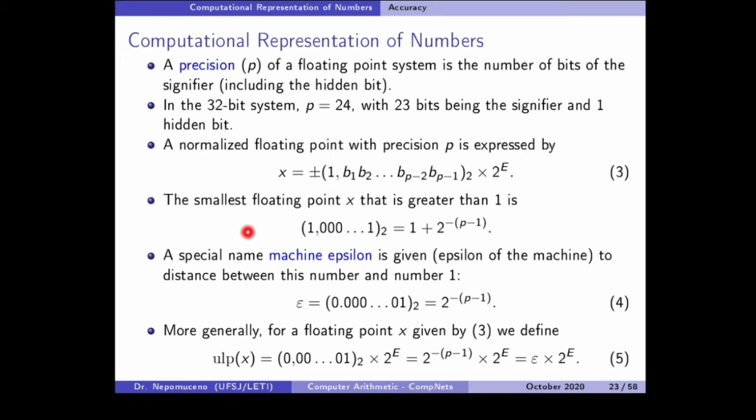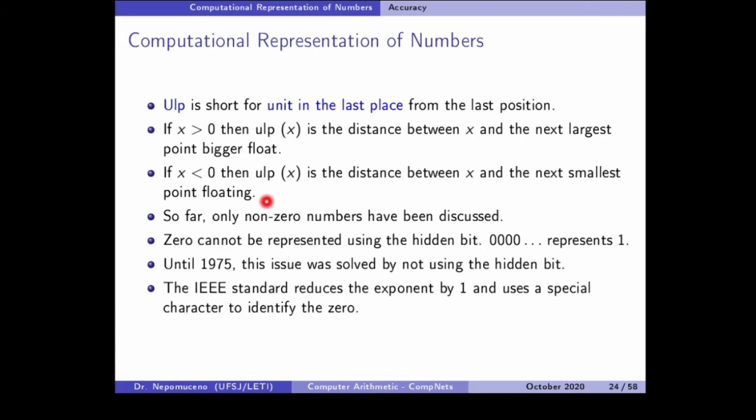More generally, for a floating point x given by 3, we define ULP as the machine epsilon times 2^e, where e is the exponent used for representing that number. ULP is short for unit in the last place, from the last position.